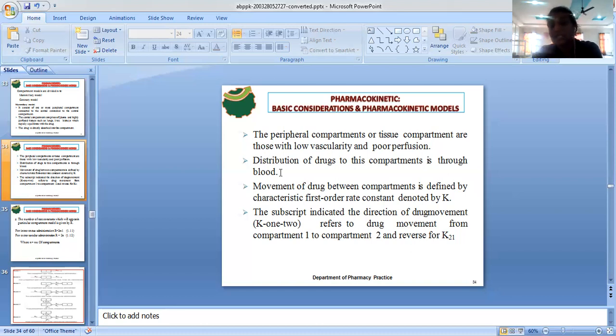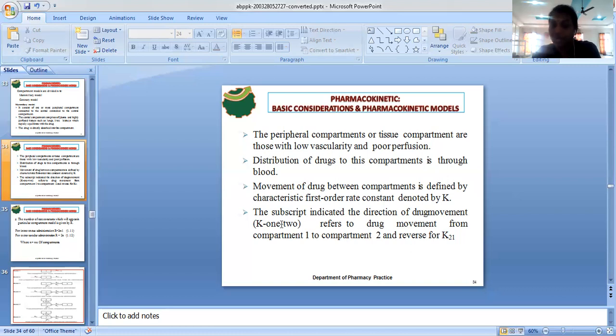In the assumptions of the compartment model, each movement of a drug from one compartment to another is explained by a rate constant. And what type of kinetics does it follow? First order kinetics. The movement of the drug between compartments is defined by a first order rate constant, denoted by the capital K. Subscripts are used to explain the drug movement from one compartment to another.